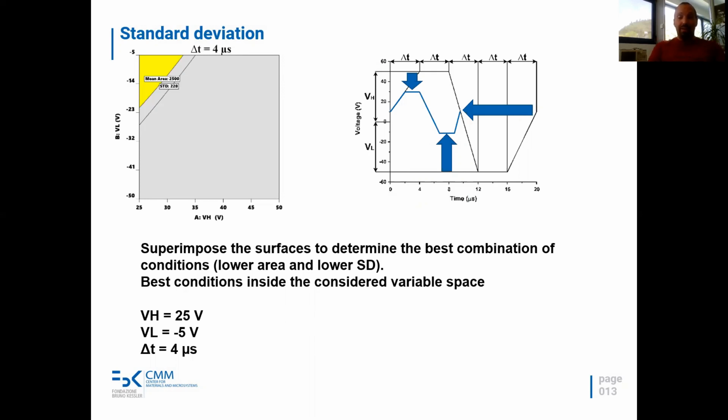By the way, this kind of optimization gave us a direction for a further optimization. In fact, we can think about extending this surface in the direction of increasing VL, decreasing VH, and decreasing the time interval.